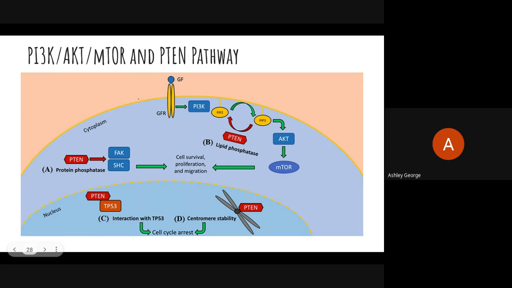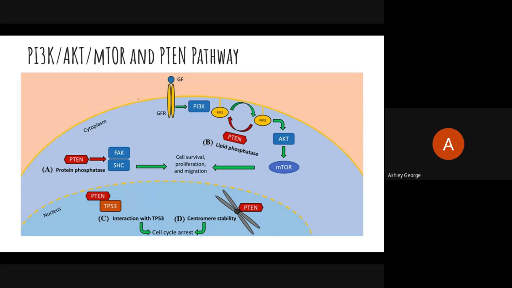Okay, so now I'm going to talk a little bit more about the pathways that are significant with regards to prostate cancer. So this is a diagram of the PI3K, AKT, mTOR, and PTEN pathway. So PTEN, that's the tumor suppressor, as I mentioned.